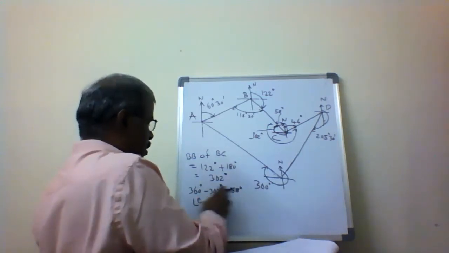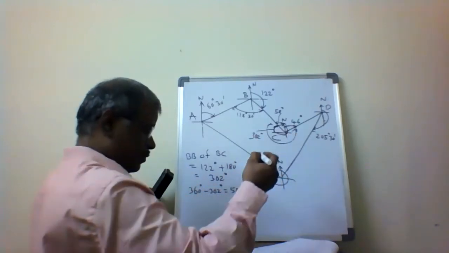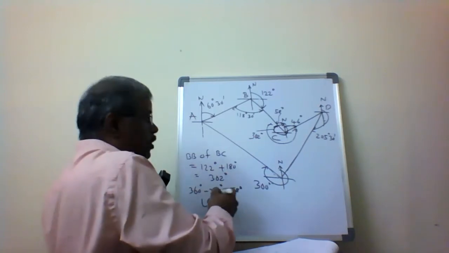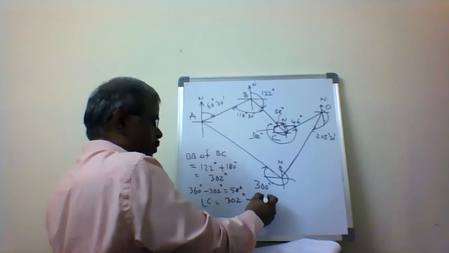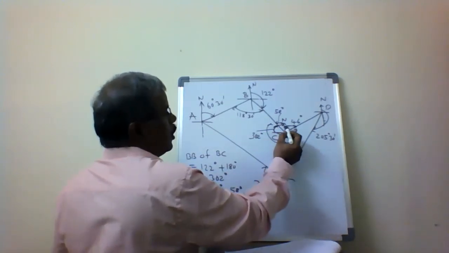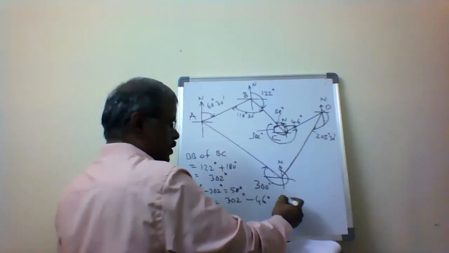The interior angle I have to calculate: angle C equals 302 minus 46, which is 256 degrees.